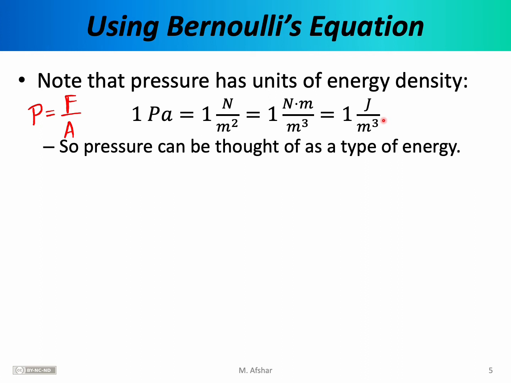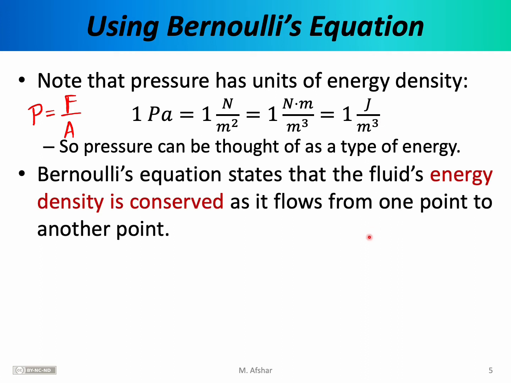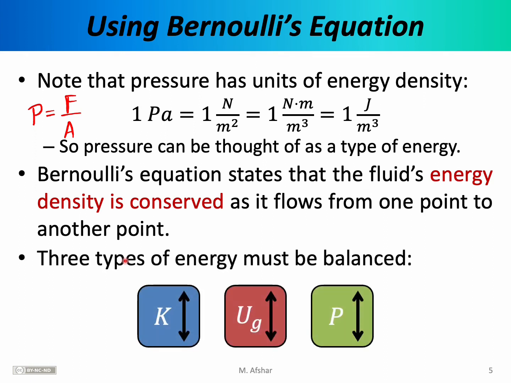This in turn implies that Bernoulli's equation is really saying something very simple. Bernoulli's equation at its heart is really just saying that the fluid's energy density is conserved as it flows from one point to another. So Bernoulli's equation is really a balancing act between three types of energy.